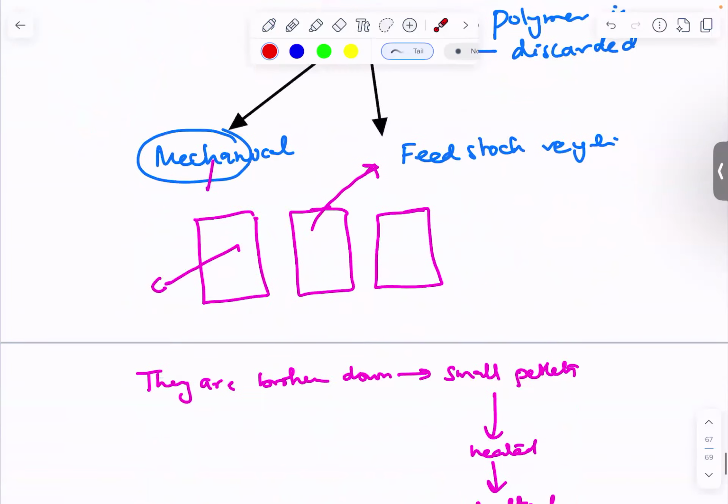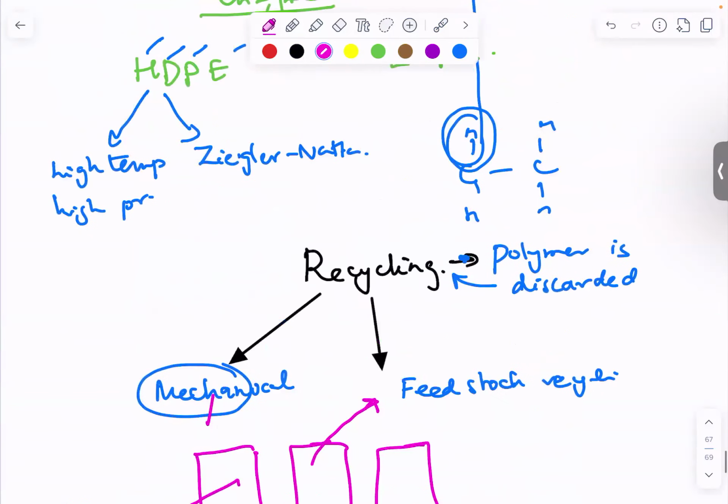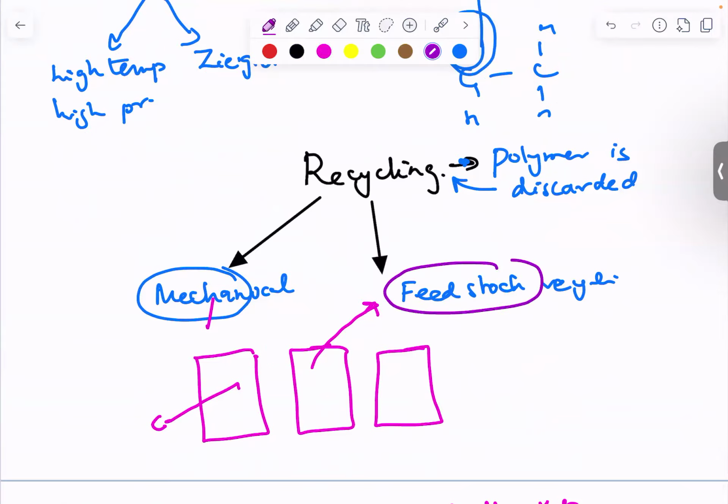Now the other name is feedstock recycling. All right. Now, what is the meaning of feedstock recycling? Feedstock recycling means that you do what? You heat the plastic to a temperature that the polymer bonds are broken and monomers are produced.